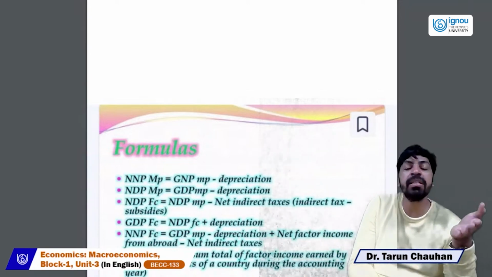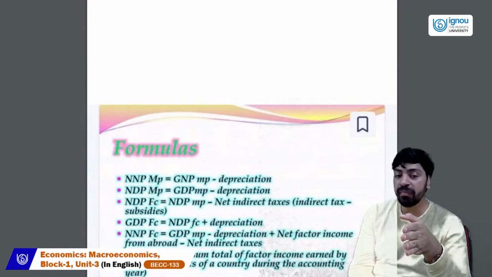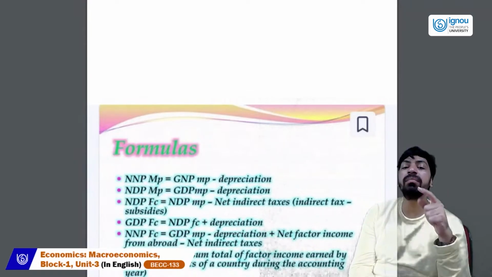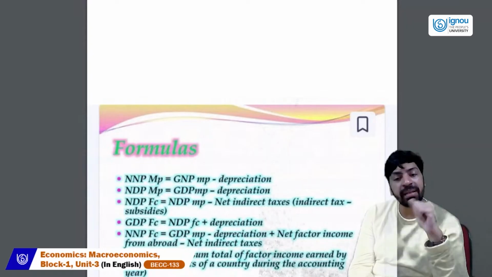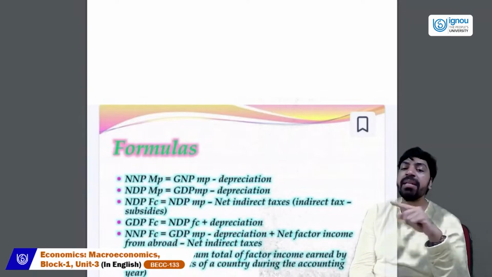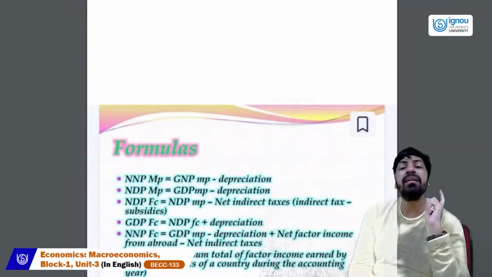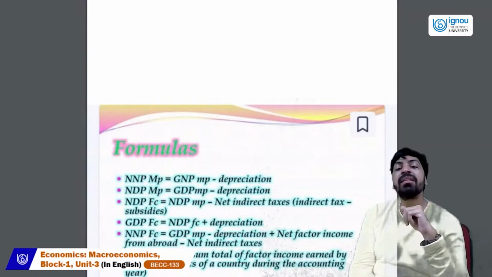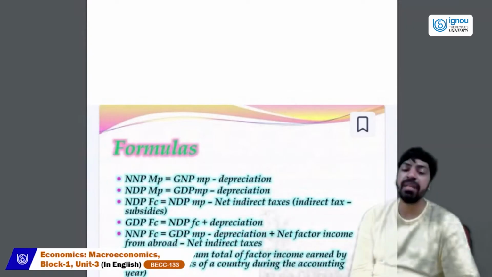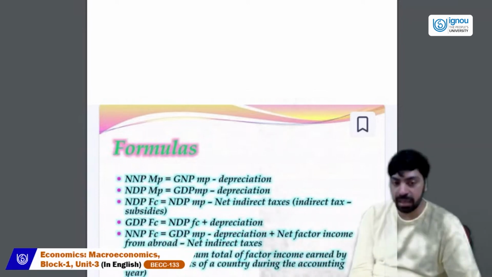So these are the tricks that will be used. If you go from gross to net, minus depreciation; net to gross, plus depreciation; market price to factor cost, minus net indirect taxes; and plus net factor income from abroad will be used in calculating the national income.